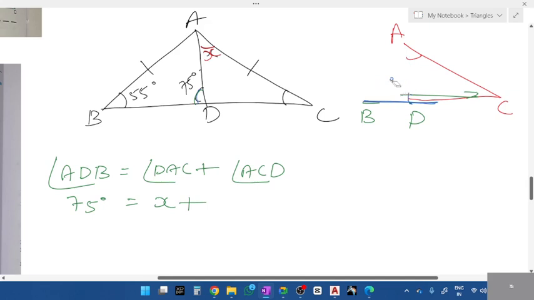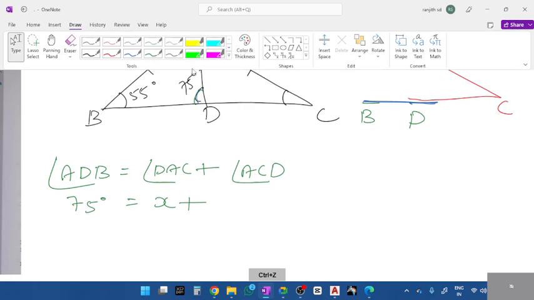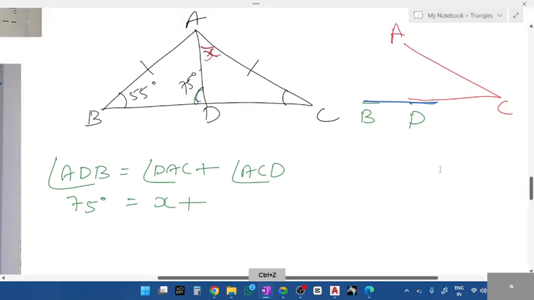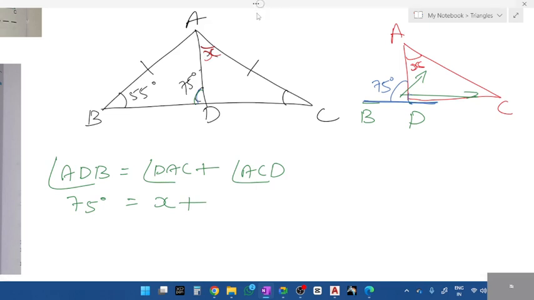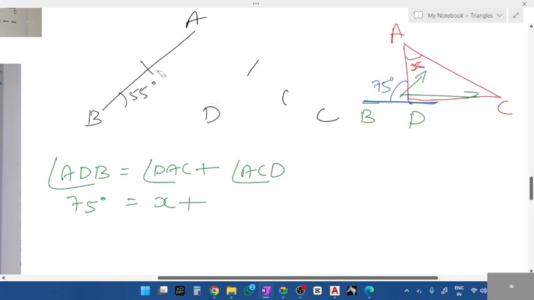Okay, now let's get back to the main triangle. I'll erase everything. Look at the main triangle. Which two angles are equal, students? What sign have they given? Two sides are equal. Then which two angles will be equal here?